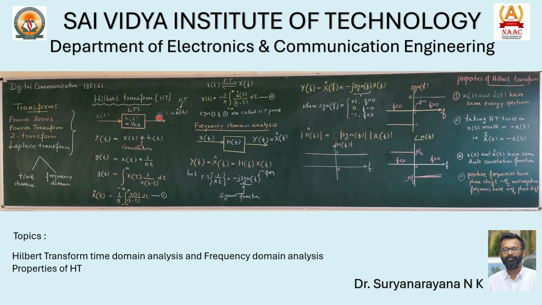Here we have written x cap of t. So in time domain, we can write the expression for y of t as the convolution of x of t and h of t. So h of t is nothing but 1 by pi t.